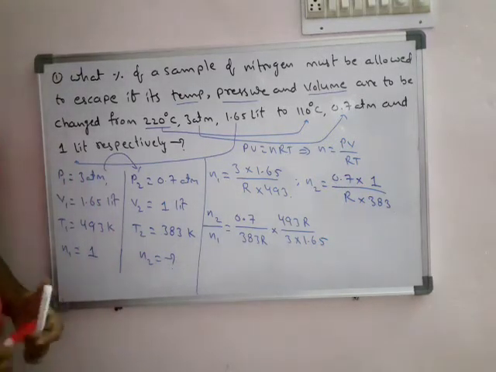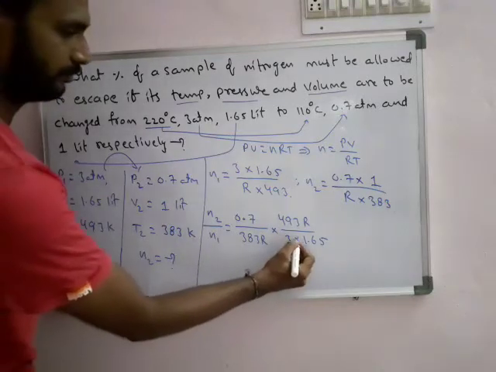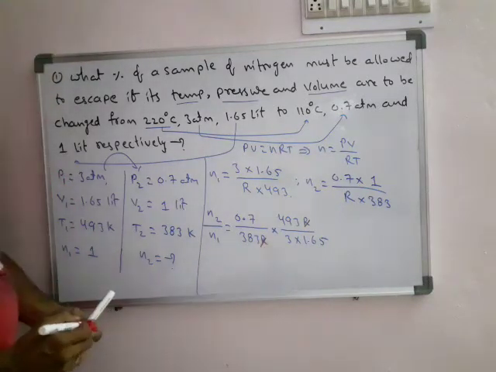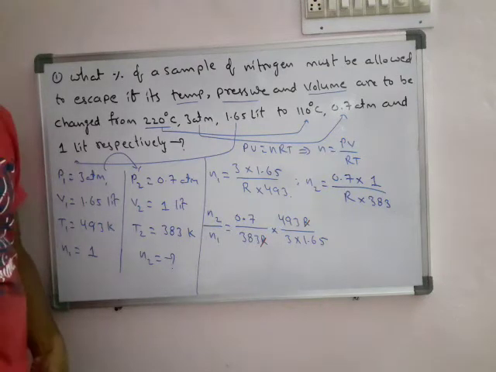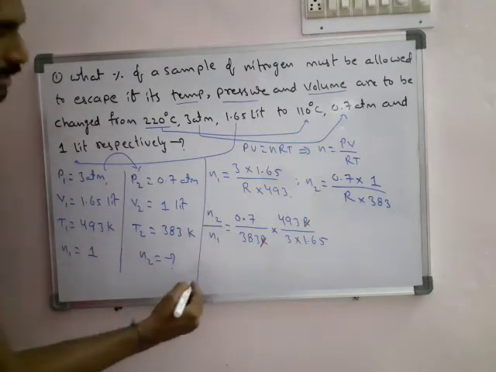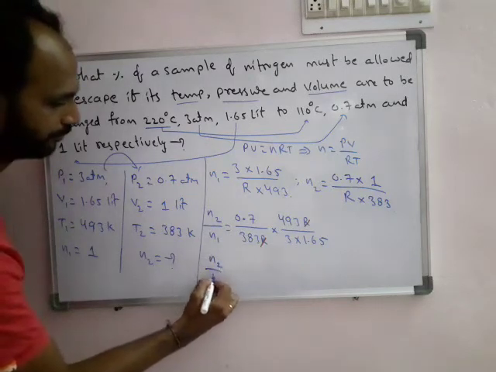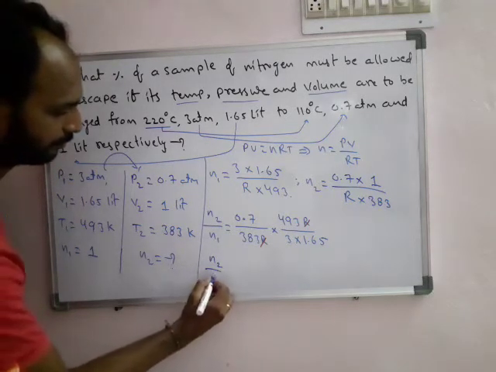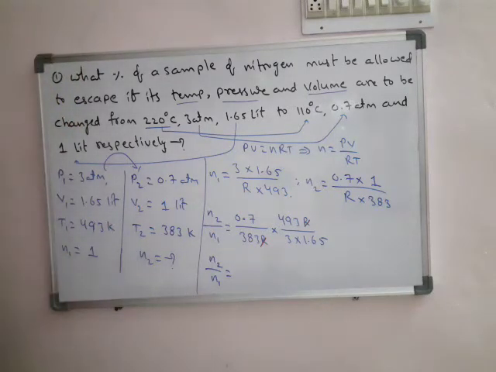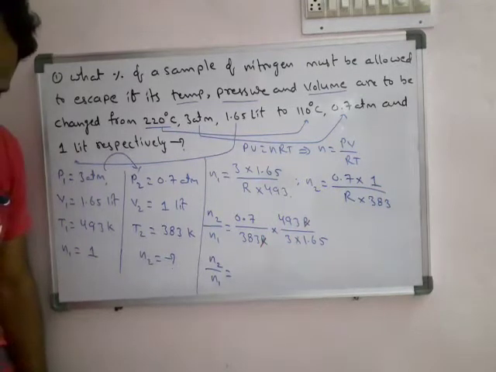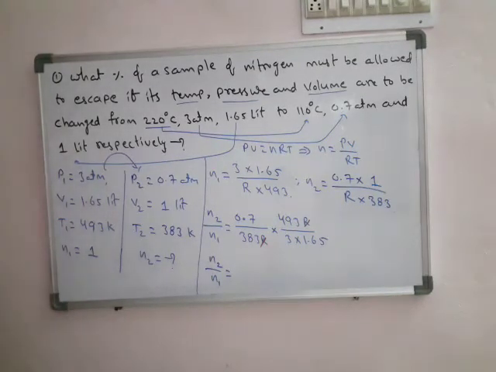here R gets cancelled, and with all these calculations we will get approximately 0.7. Just wait. 0.7 into how much? 493.